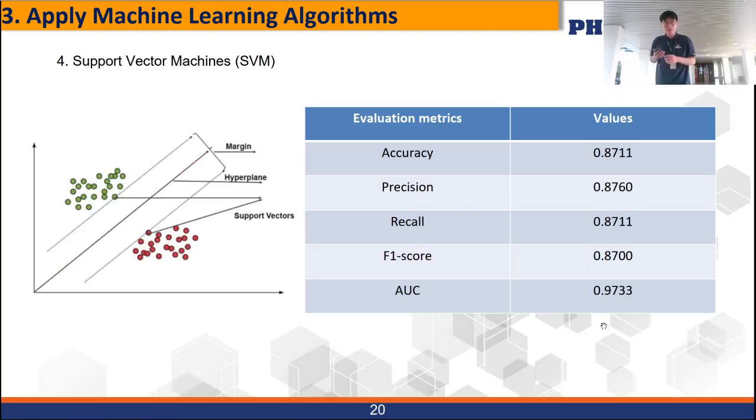The final one is the support vector machine, a supervised learning algorithm that finds the optimal hyperplane separating classes in the feature space by maximizing the margin between different classes.